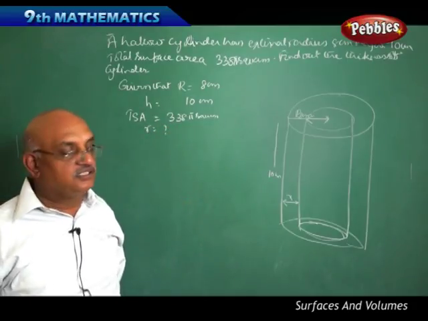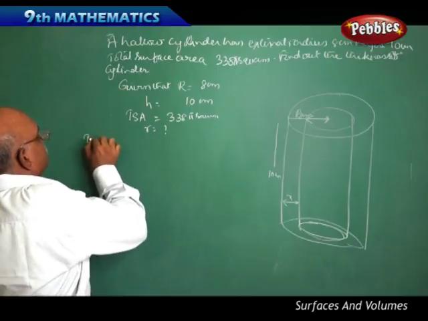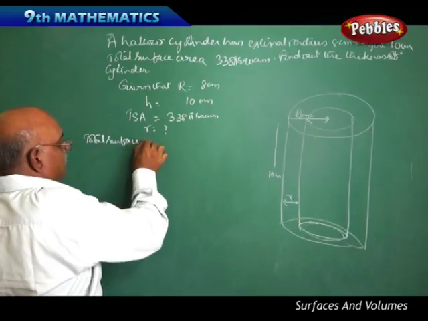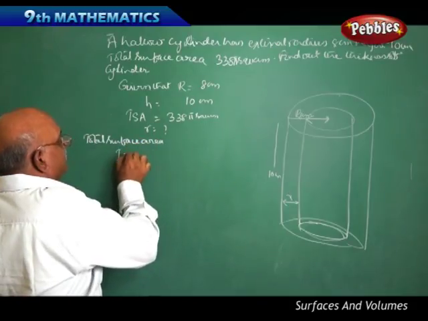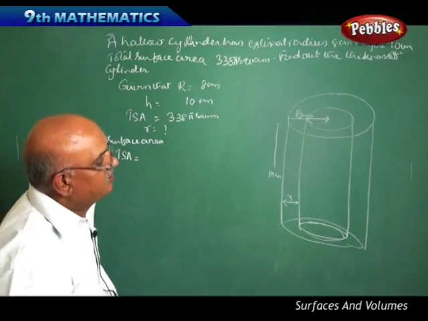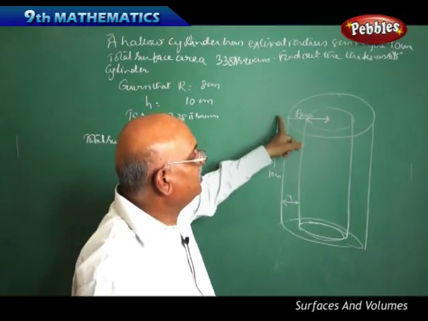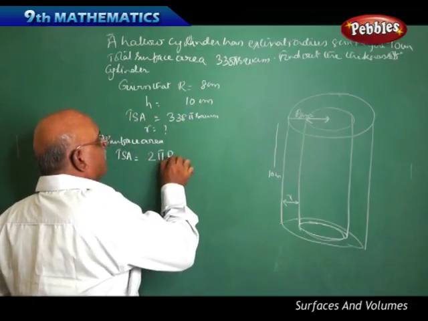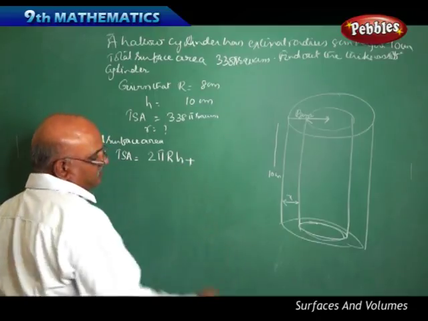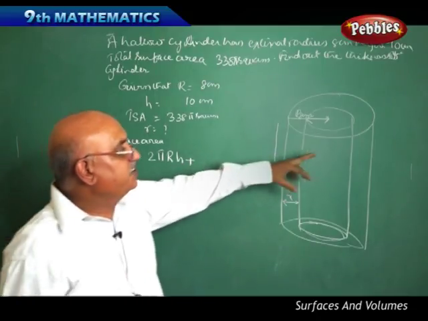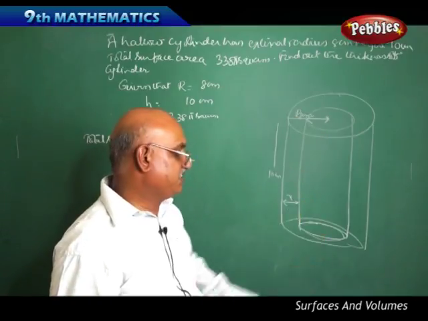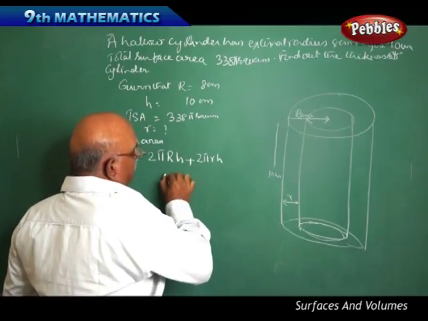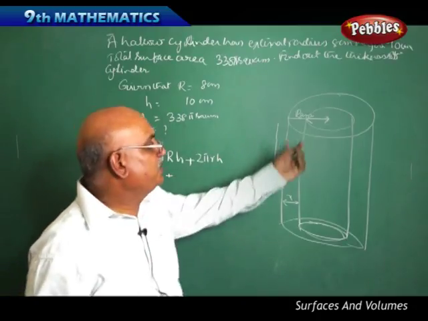Now here total surface area, that is TSA, is equal to, first of all, the total surface area of the bigger cylinder, that is 2 pi capital RH, plus the total surface area of the smaller, that is inside, that is 2 pi rh, plus we want to find out this area also.